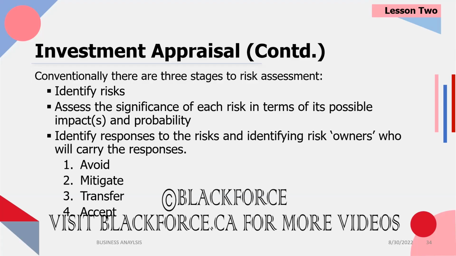The next possible reaction to a risk is to mitigate it. When you're mitigating it, you're looking to reduce the scale of the impact, even if it happens, or if it seems like it's going to happen.